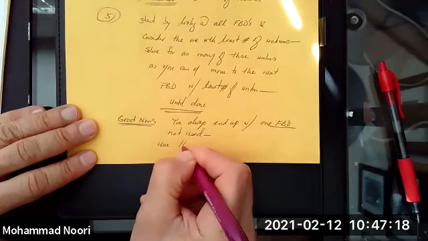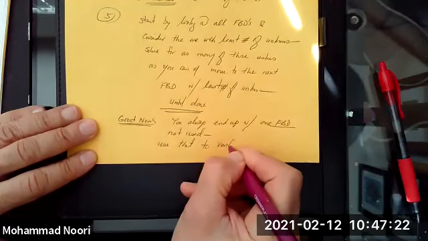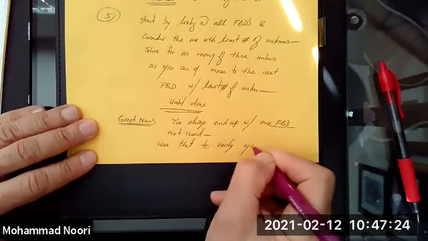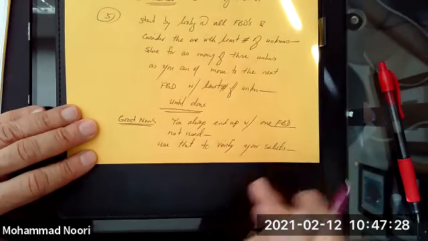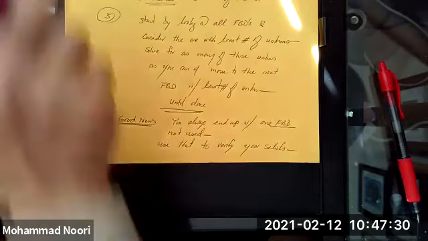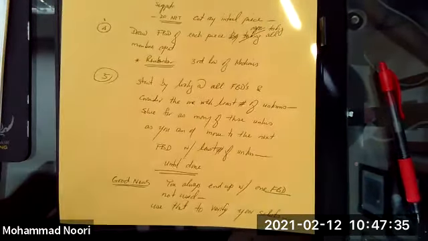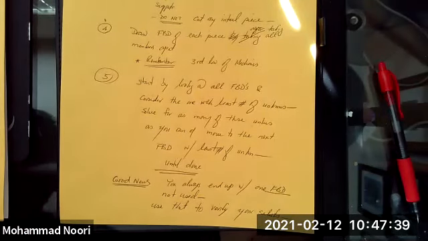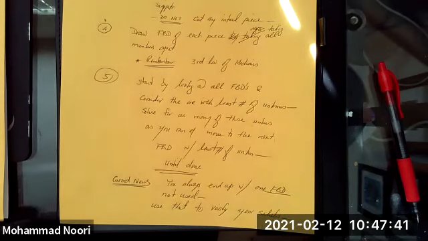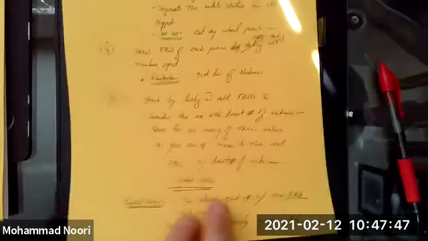Use that to verify your solutions. Okay? I want you to remember these and follow this procedure to save you headache, to save you from making mistakes, and make your life a whole lot easier in dealing with frame problems.